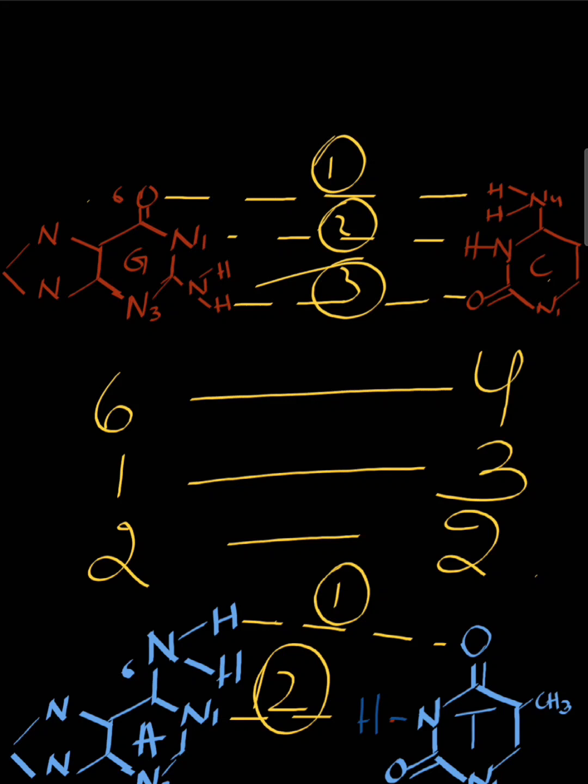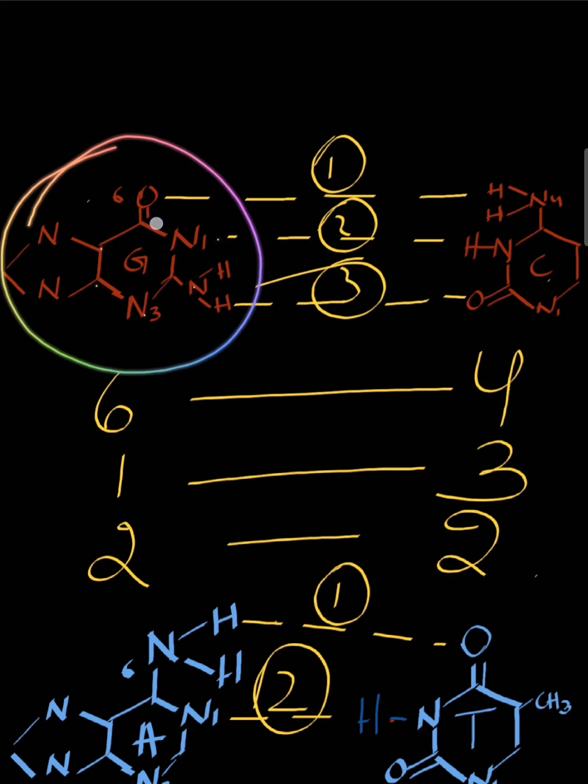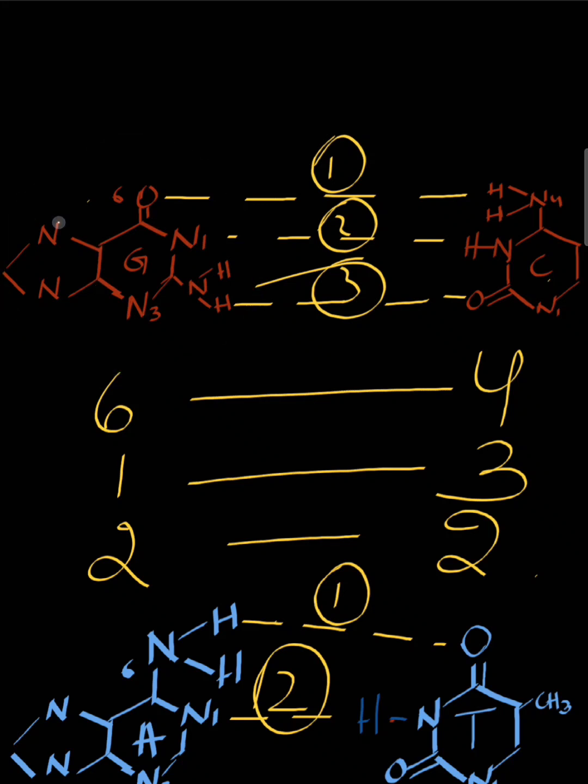I hope you're able to follow, because guanine is a purine, so we're going to number it from upwards. So 1, 2, 3, 4, 5, 6, and then 7, 8, 9, right? In terms of cytosine, we have 1, 2, 3, 4, 5, and 6, right?